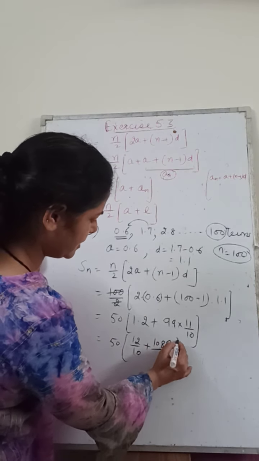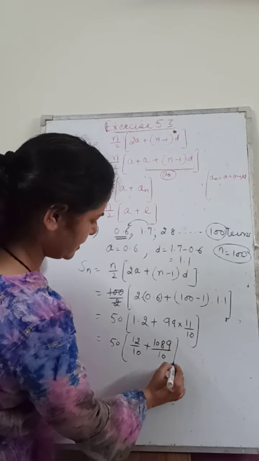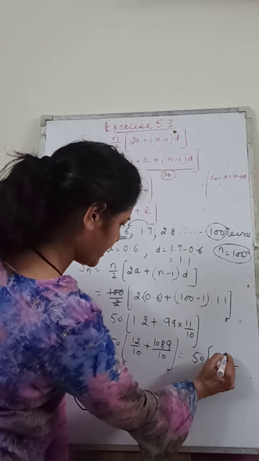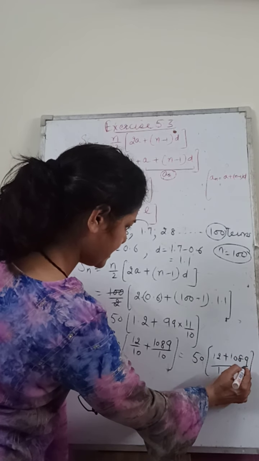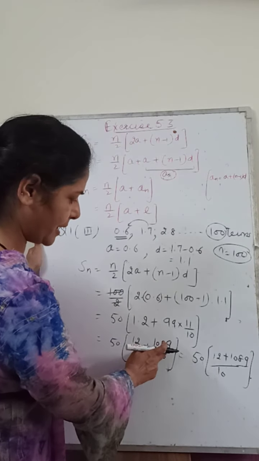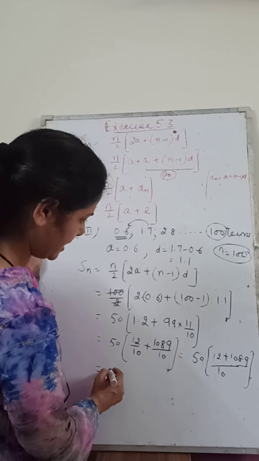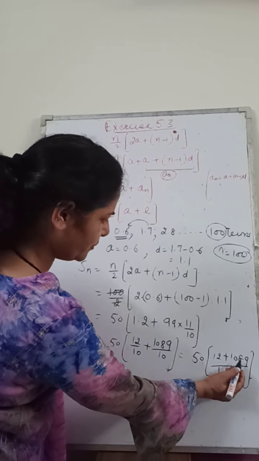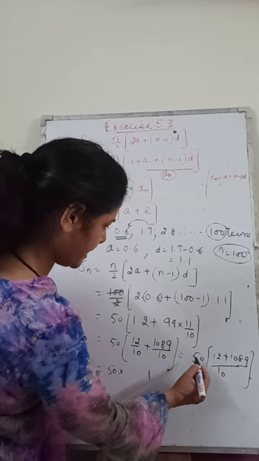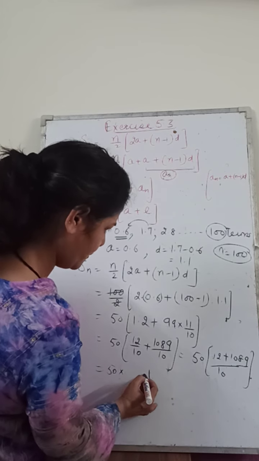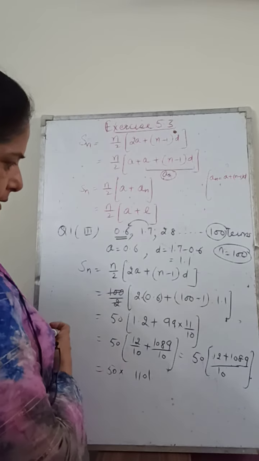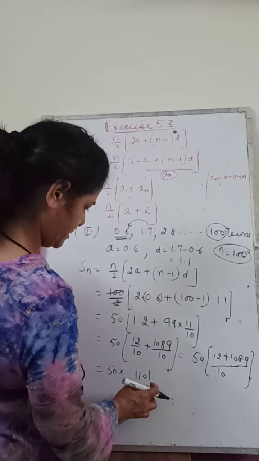It comes out to be 50 into, taking 10 as LCM, 12 plus 1089, upon 10. Adding these, it comes out to be 1101.